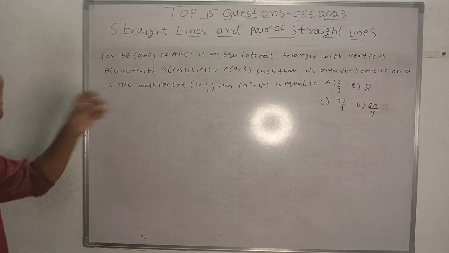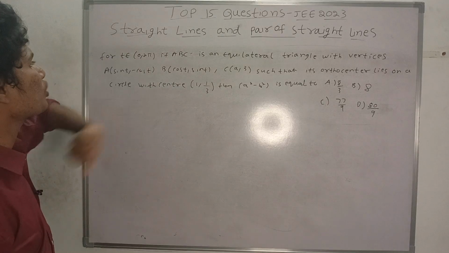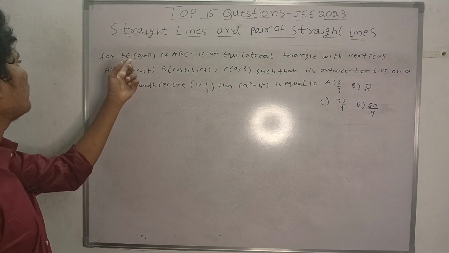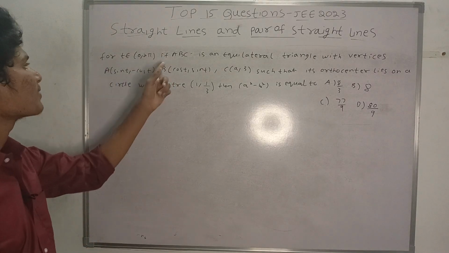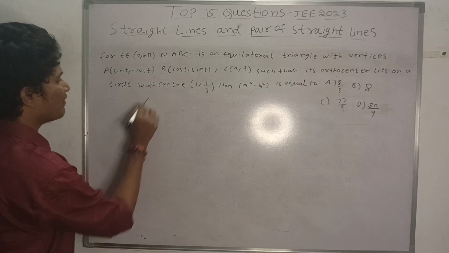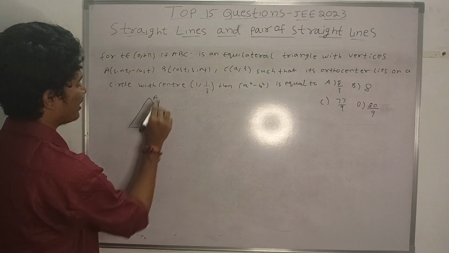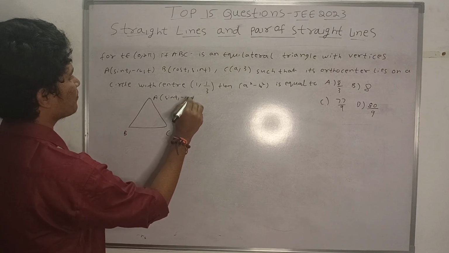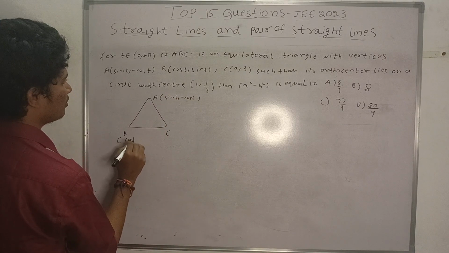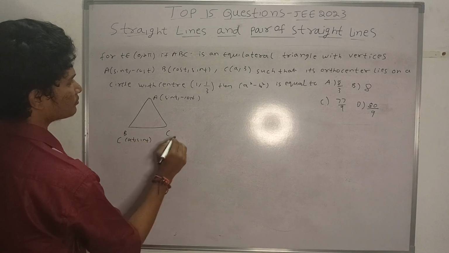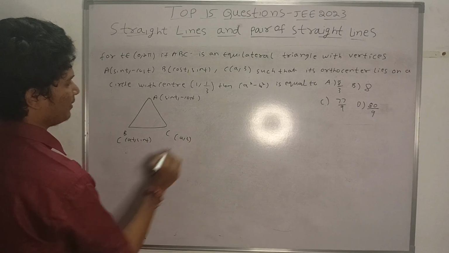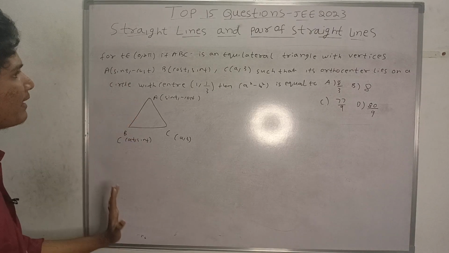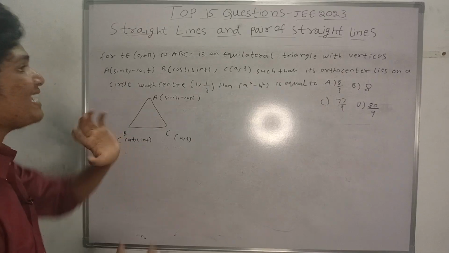Read the question carefully. They are saying that for t belongs to 0 comma 2 pi, and ABC is an equilateral triangle, they have given that this is the equilateral triangle ABC and the point A is sin t comma minus cos t, and B point is cos t comma sin t, and C point is a comma 3. So basically A, B, C are the vertices of the equilateral triangle such that its orthocenter lies on a circle.